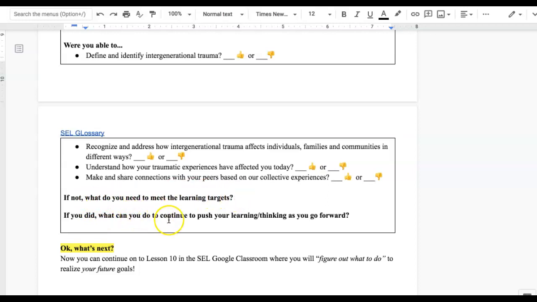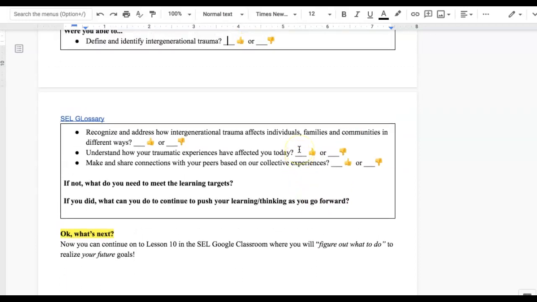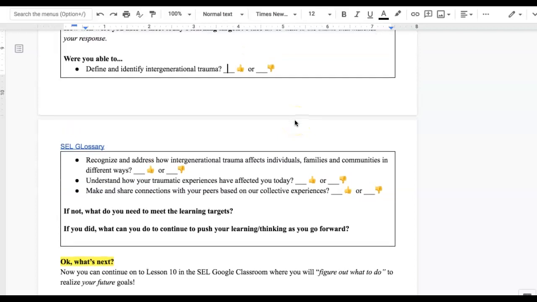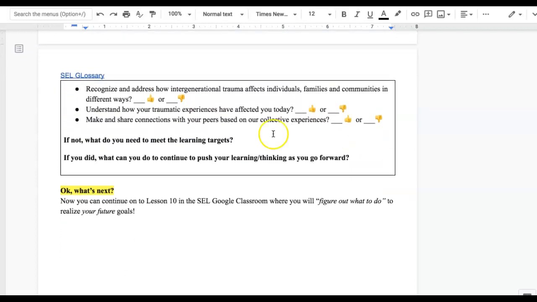If you were not able to, what would you need to continue to push your learning in this lesson? And if you decide later you want to talk to somebody or reach out to someone, that's also really wonderful. Take the time to reflect on all the things that you've gone through and all the things that you've just done. Check it off to make sure you met the learning targets, and then you can move on to lesson 10.